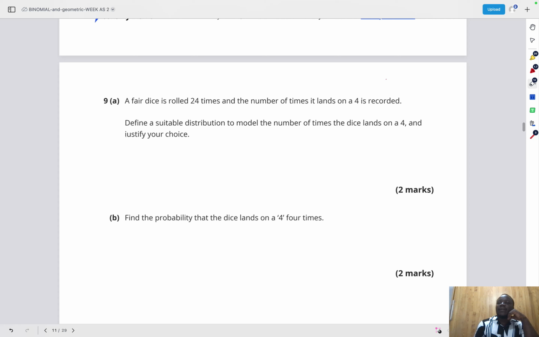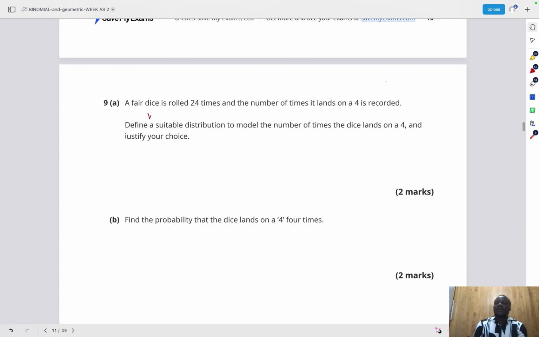Okay, let's look at number 9 here. They've given us a fair 6-sided die. So here we are given a die which is being rolled. How many times are they rolling this dice? These questions are mostly the same. So here, n is equal to 24.